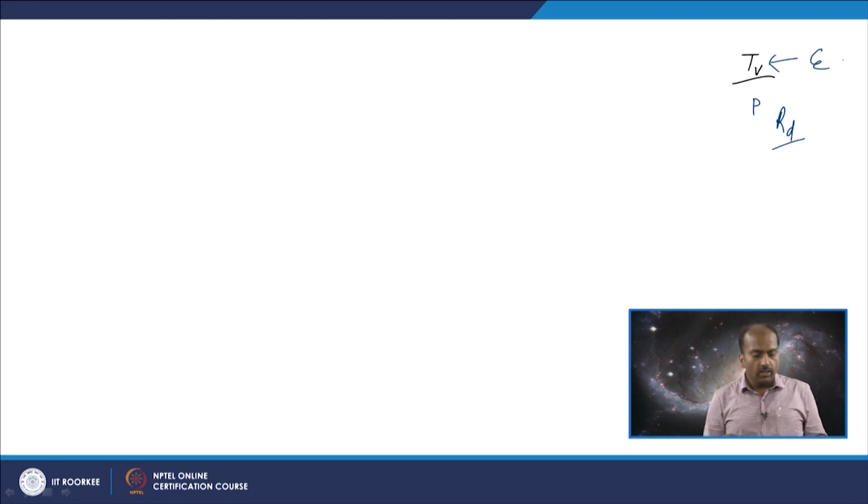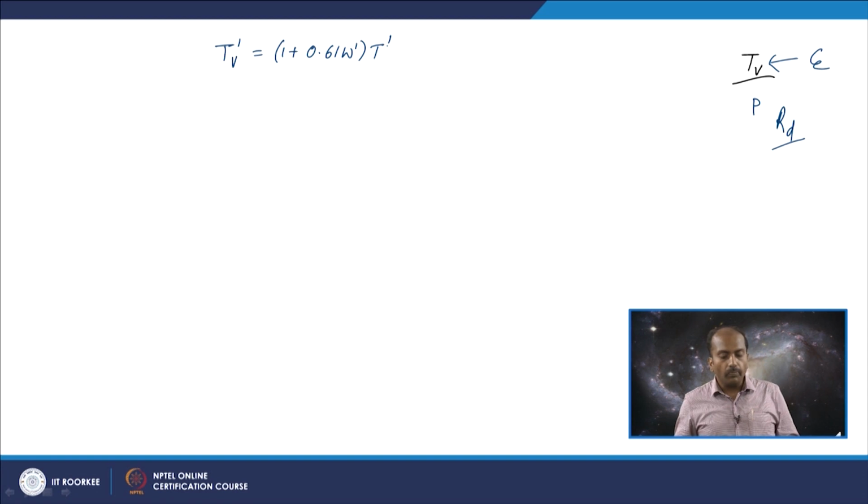So, here let us write the virtual temperature of the air parcel. From the earlier discussions, I will directly pull this equation. The primed variables represent the air parcel and unprimed variables represent the environment.